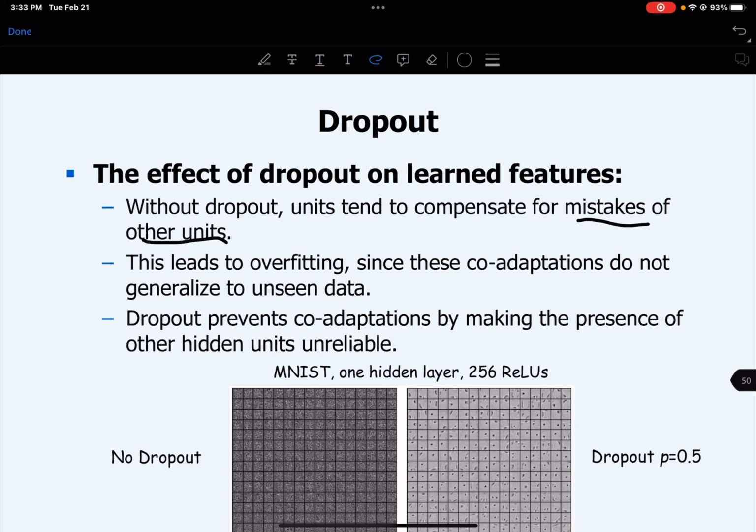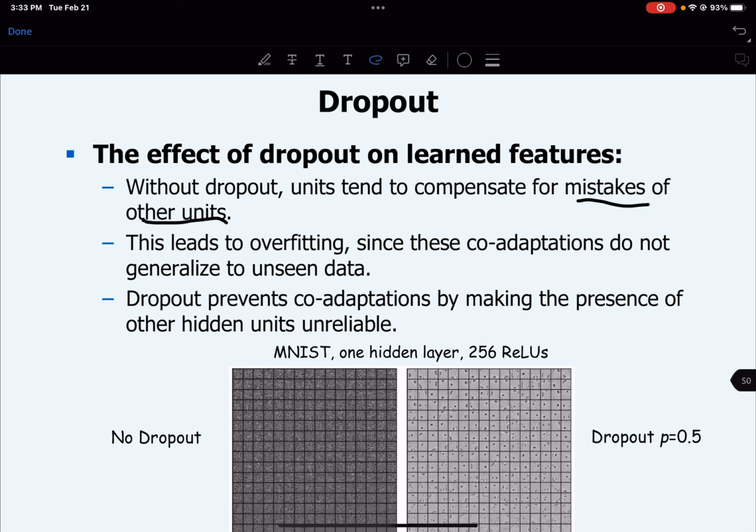So without Dropout, a unit needs to compensate for mistakes of other units, and you are updating the weights using back propagation. So during the back propagation, if some noise is being learned, it also becomes a part of the training, which is not desirable. This leads to overfitting, since these co-adaptations do not generalize to unseen data.